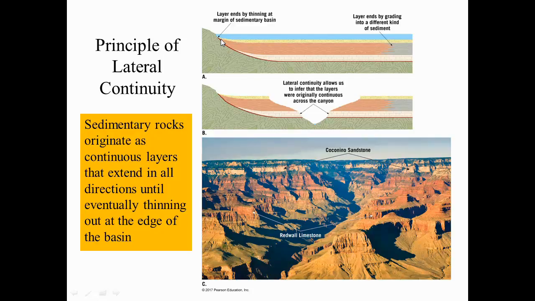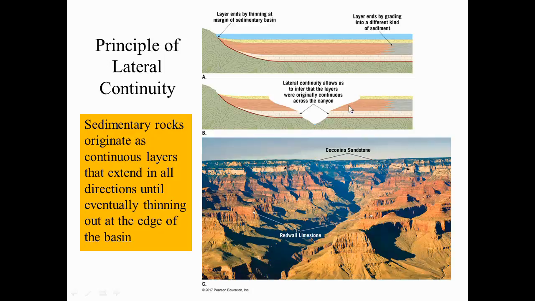And along the margins of the basin, we see that the layers end by thinning at the margin of the sedimentary basin. Below that, we see that a large chunk of those original sedimentary rocks have been eroded away, as, for example, occurs today within the Grand Canyon.